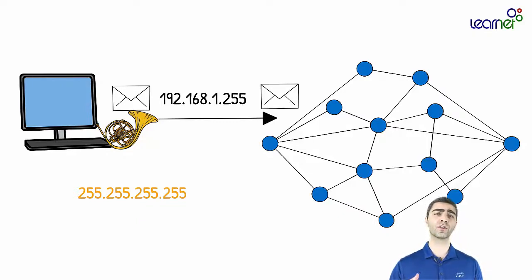But they cannot go beyond the routers, just in your local network. We use it, for example, when computers do not have an IP address and they want to find out who is the DHCP server in this network. They use that specific IP address. I'll show you this in next videos when we will be talking about DHCP configuration.